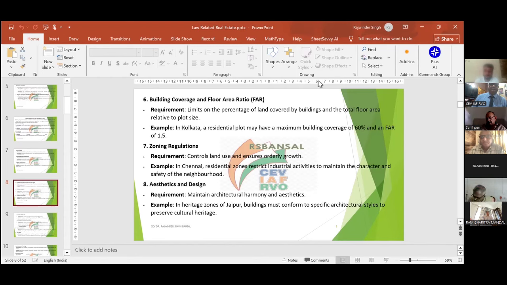Whenever you are doing valuation, you have to check as per bylaws what is the maximum permissible ground coverage and maximum covered area as per floor area ratio. Only that portion you can consider for valuation which is as per permissible bylaws. The excess area is not to be considered in valuation, especially when you are doing valuation for a financial institution.